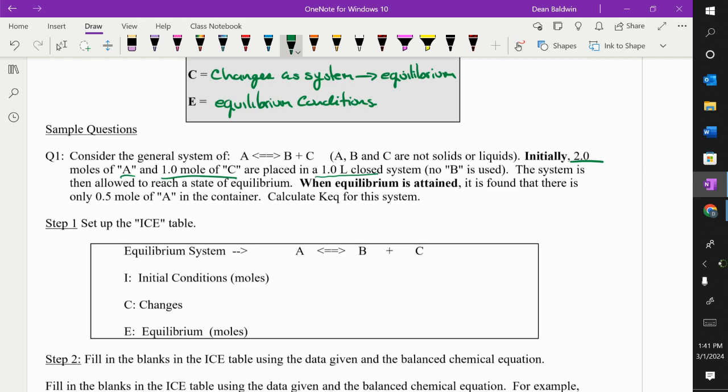So initially, we have 2 moles of A, no moles of B, and 1 mole of C. I still don't have to put moles. When we get to equilibrium, we have 0.5 moles of A left. What is the KEQ for this system? That's all you get.